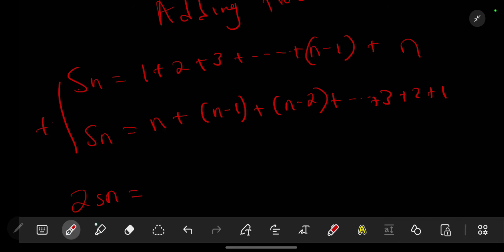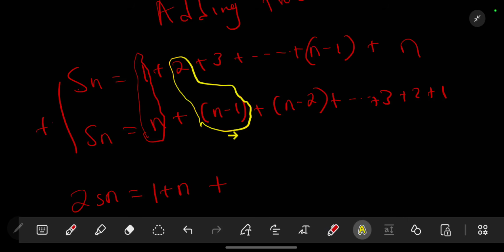If you add, we are adding alike terms. So we add this, it is going to give us 1 plus n. Plus, if we add this and this too, we are going to have something like 2 plus n minus 1, like that.